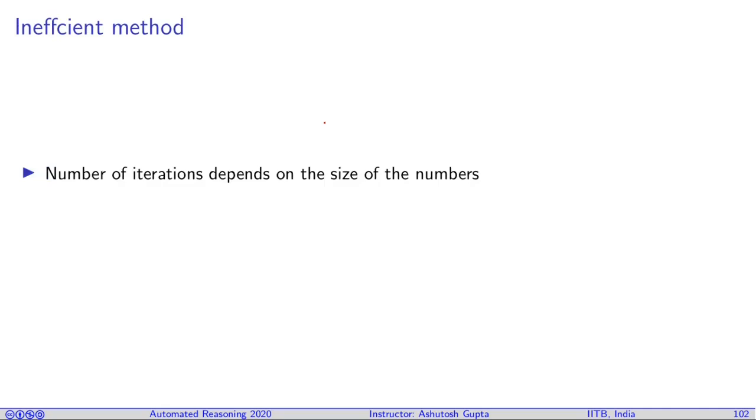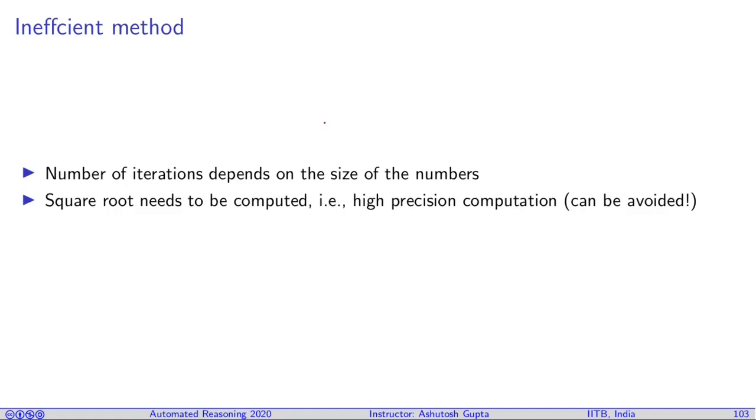So this method in theory is polynomial, but in practice it's inefficient, because the algorithm depends on the size of numbers, and the number of steps actually depends on the size of the input numbers. Again and again, if you look at the computation of the new smaller ellipsoid, you can see that at some point it computes square roots.